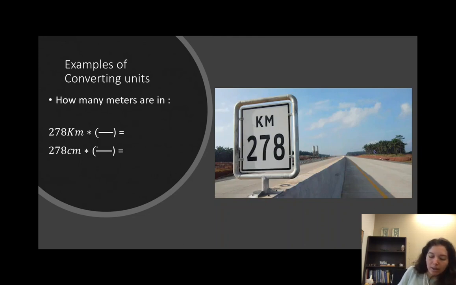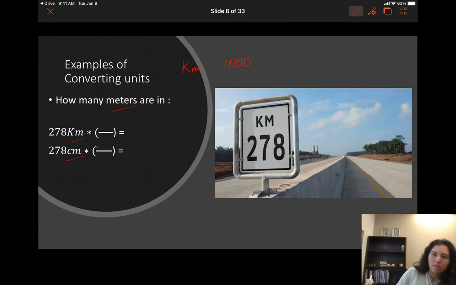Let's do our kilometers and centimeters to meters. So kilometers are 1,000 times bigger than a meter. So for every 1 meter, kilometers are much bigger.